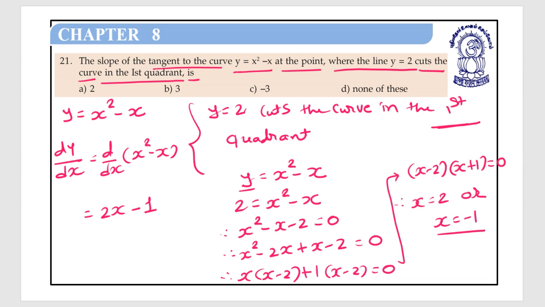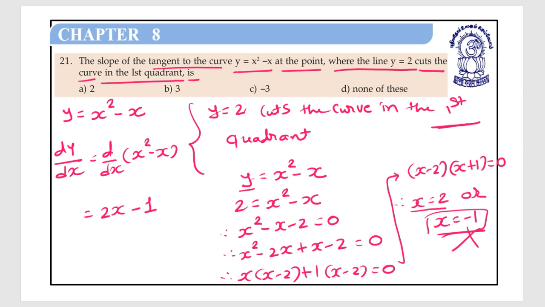Okay. But here y is equal to 2 cuts the curve in the first quadrant. In the first quadrant, x and y both are positive. Okay. Plus sign. So x is equal to minus 1 is not possible. So x is equal to 2 is possible.